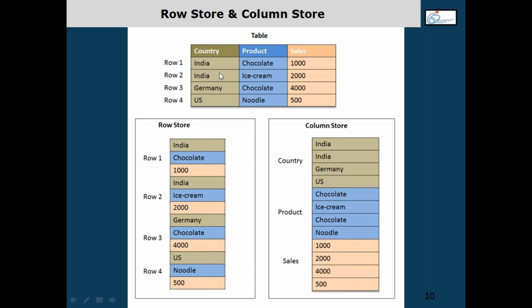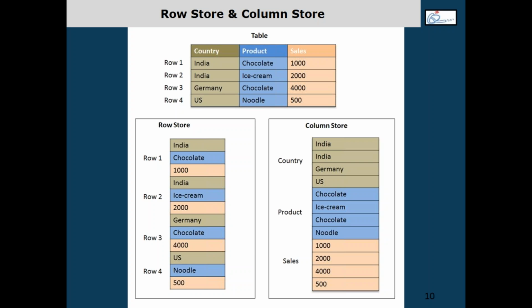And if I create the same table as column store, values of one column are stored in one continuous memory location. It takes all the values of country and puts them into one memory location. It takes all the values of product and puts them into one memory location. It takes all the values of sales and puts them into one memory location. In RAM, memory will have different pages.